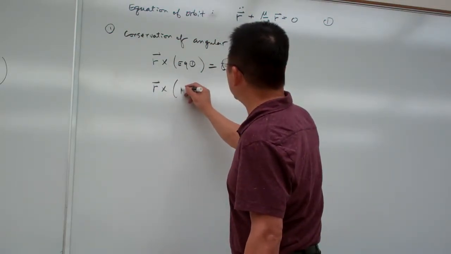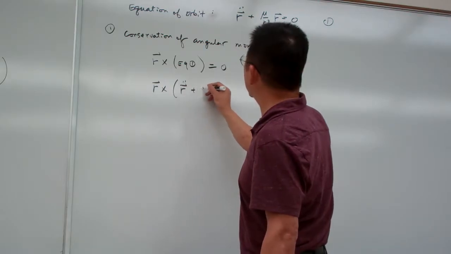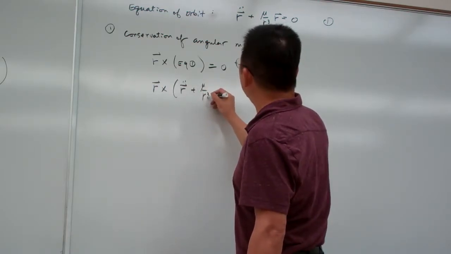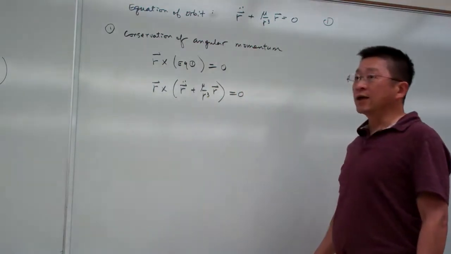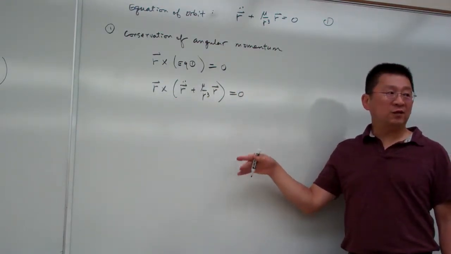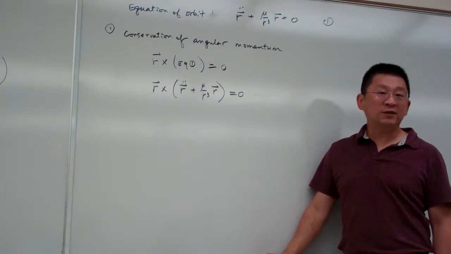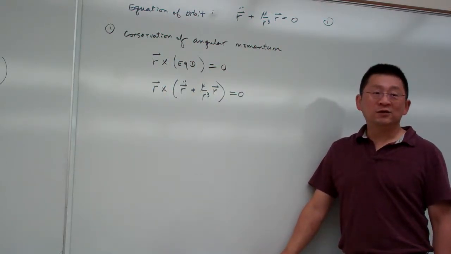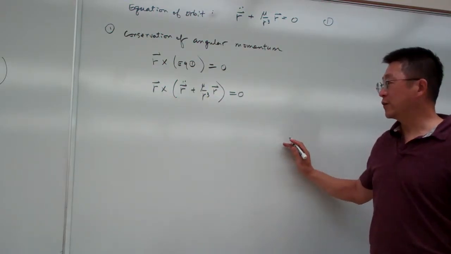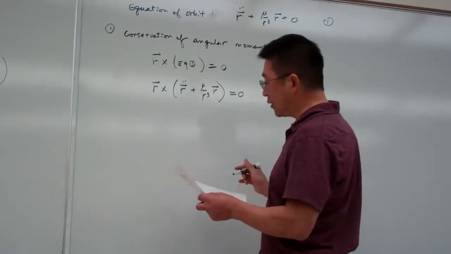Equation 1 is r double dot plus mu. And right now we're still in chapter 1 of the textbook. The textbook also has detailed derivations like this one, but a textbook is written very concisely, so here I try to give you more information to follow.